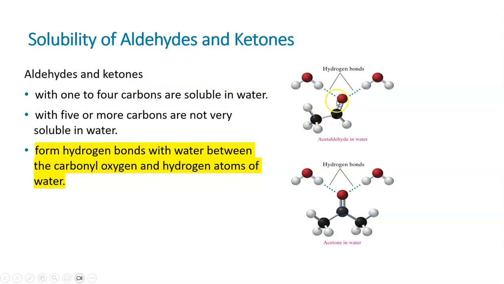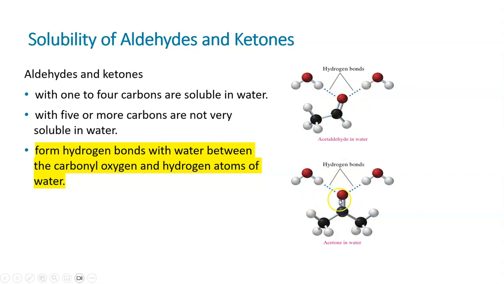The good news for them. So, the oxygen atom in the carbonyl group can make hydrogen bonds with the hydrogen atoms in water molecules. Each carbonyl group can make 2 hydrogen bonds. Remember, each carbonyl group can make 2 hydrogen bonds.